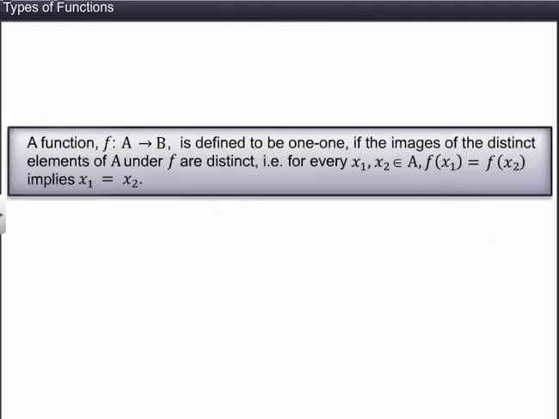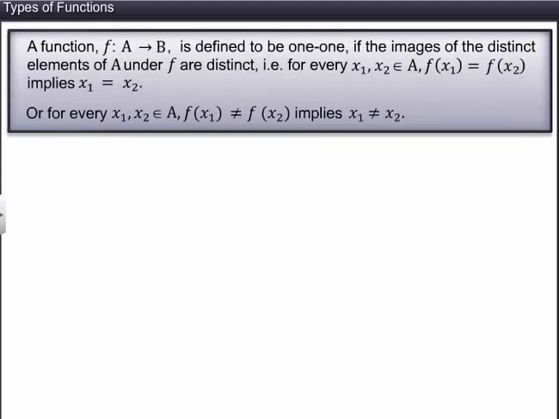Let us define it mathematically now. A function f from A to B is said to be 1-1 if the images of the distinct elements of A under f are distinct. That is, for every x1 and x2 in the domain of f, f of x1 is equal to f of x2 implies that x1 is equal to x2.